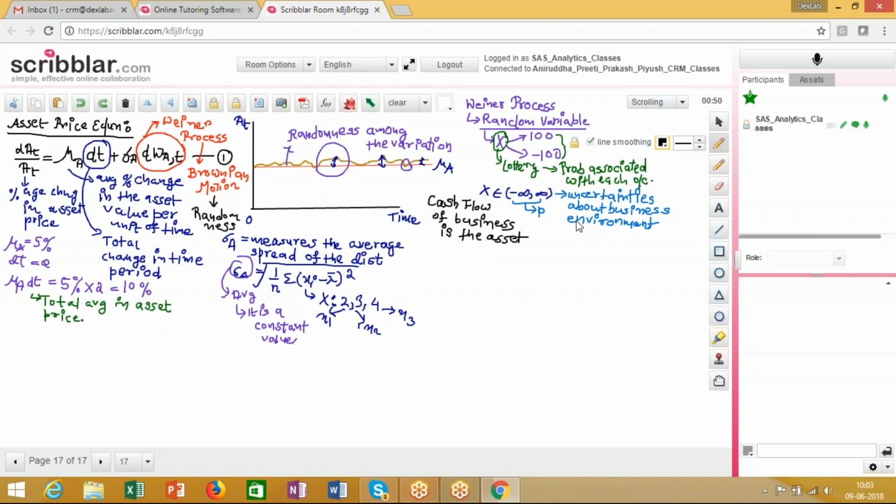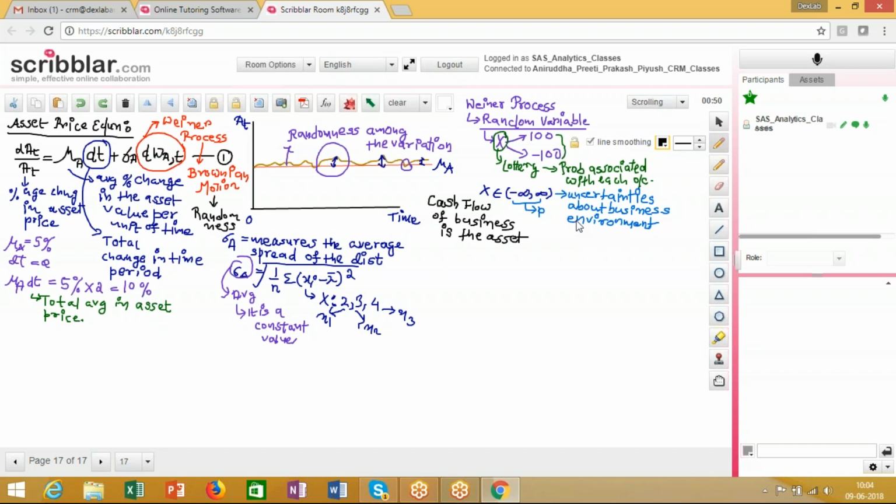Is the asset. So the cash flow of the business is the asset. Now over a period of time, there would be an average growth rate, the average rate at which the cash flow grows, right? So there is an average growth rate of the cash flows, and there is a standard deviation associated with it, right?